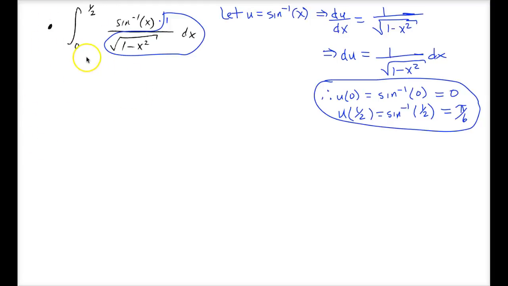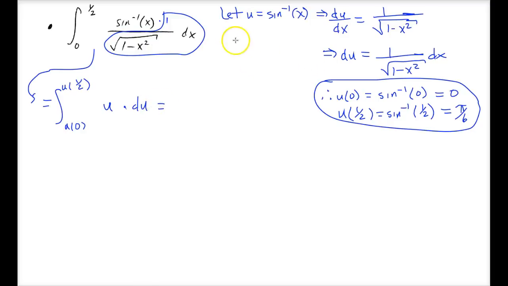So we know that we're going to take what we see here, and now we have the integral of u from u sub 0 to u sub 1/2, and we are replacing sine inverse of x with just u, and 1 over square root of 1 minus x squared dx with du.